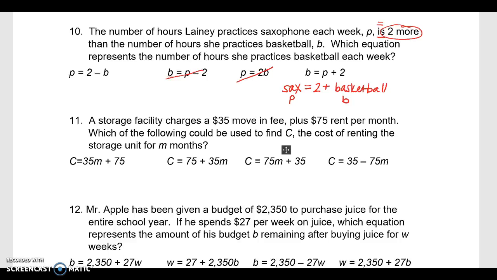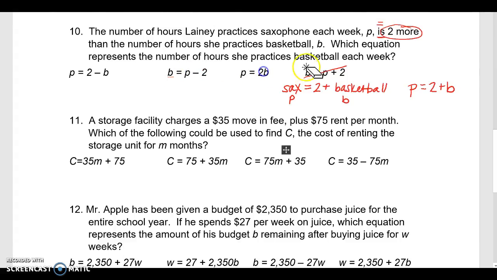Let's think about this. So we either have P equals 2 plus B. Do I see a formula that looks like that? This is P plus 2. That doesn't make sense. Maybe we accidentally crossed out one that was right.